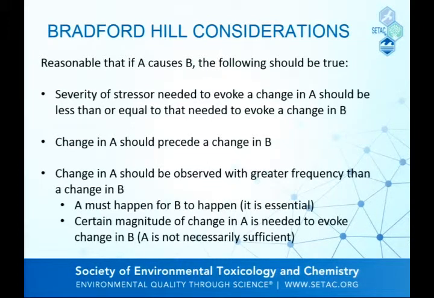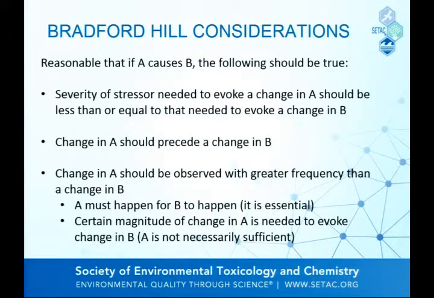It's basically saying, if A causes B, the following should be true. The severity of a stressor needed to evoke some change in A should be less than or equal to that needed to evoke the change in B, if A causes B. Okay? A should always precede B. It can't really be the cause if it happens after B had already occurred.